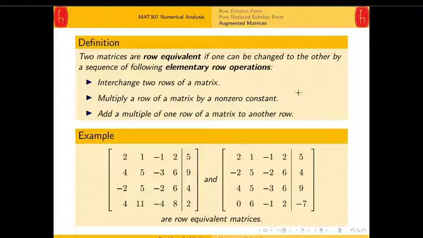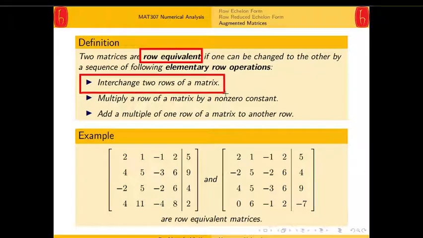A definition: two matrices are called row equivalent if one can be changed into the other by a sequence of elementary row operations. Row operation number one is interchanging two rows of a matrix. This is basically interchanging two equations in a system, so it does not change the solution and produces a row equivalent matrix.